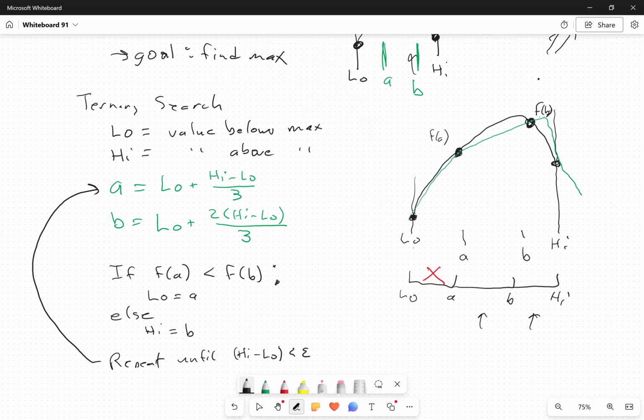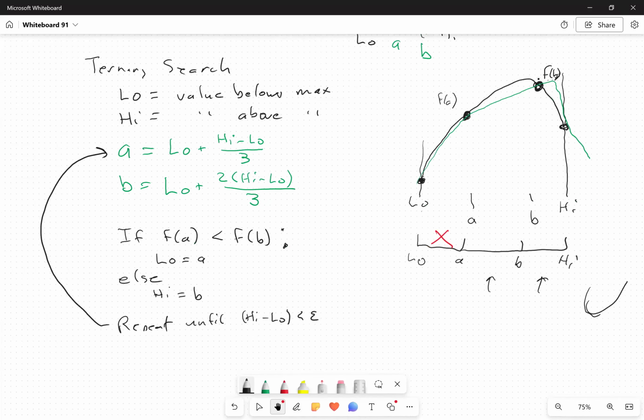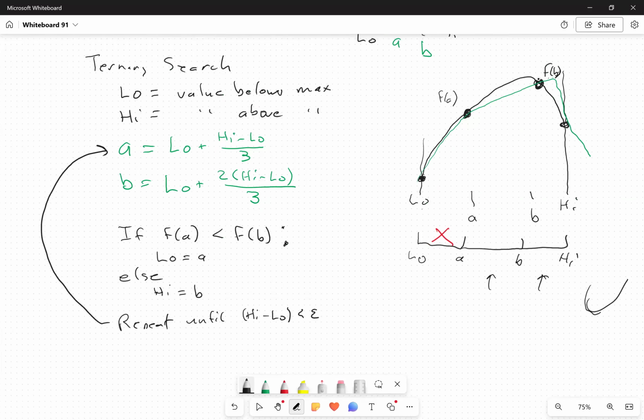It only works when you have a function like this, monotonically increasing, then monotonically decreasing. Again, if it were shaped the other way and you're looking for the minimum, you just reverse the signs, so f of A greater than f of B in that case. So that's all we have.